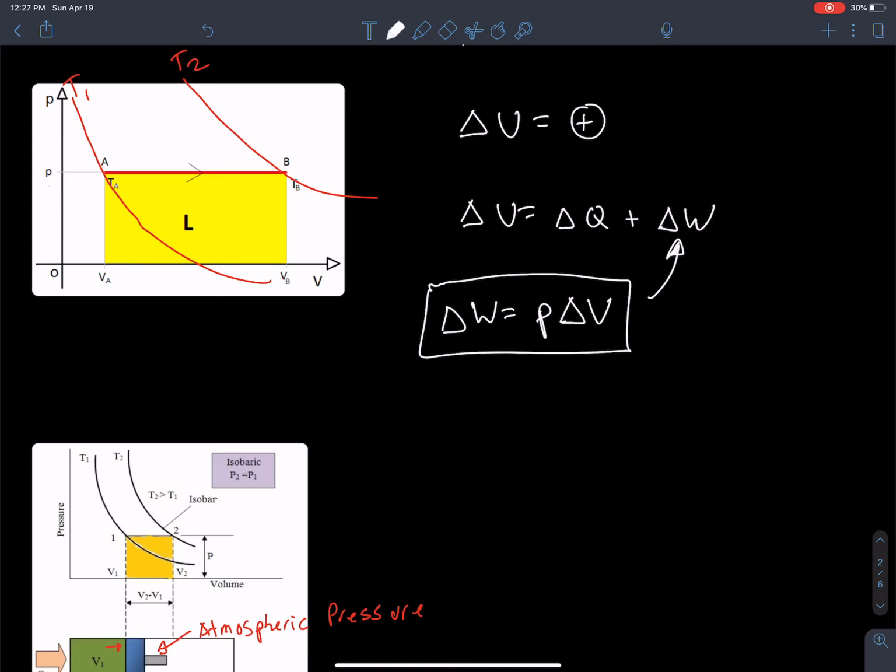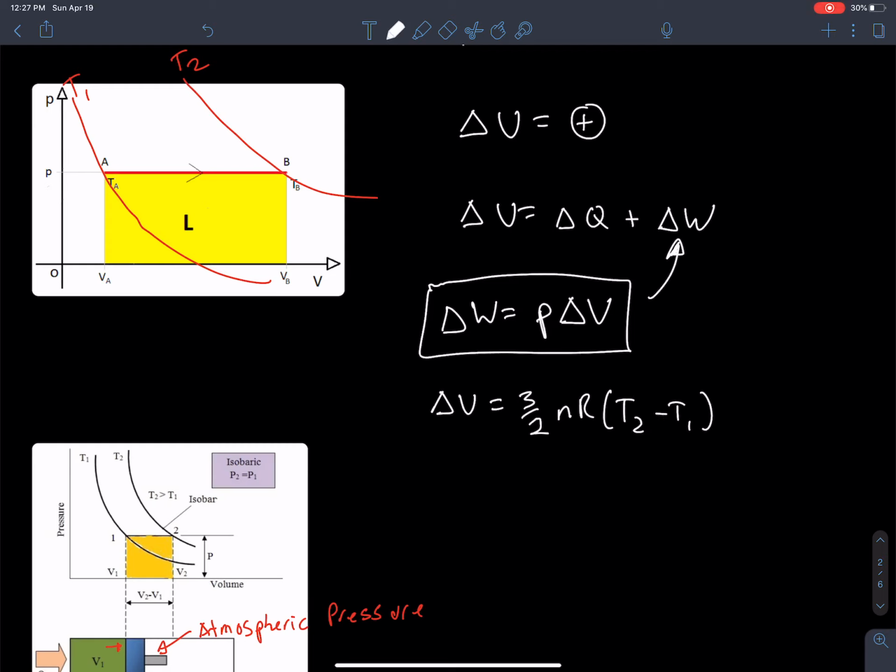I can measure the amount of heat that I put in, or I can measure the change in my internal energy just by looking at the change in temperature. So my change in internal energy is going to be equal to 3/2 nR (T2 minus T1).